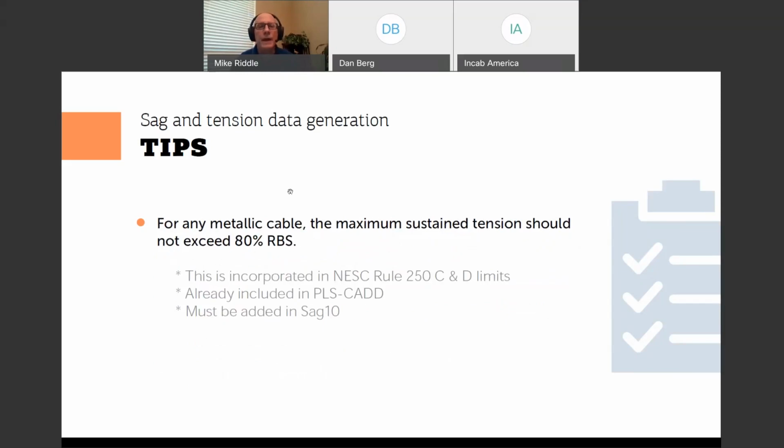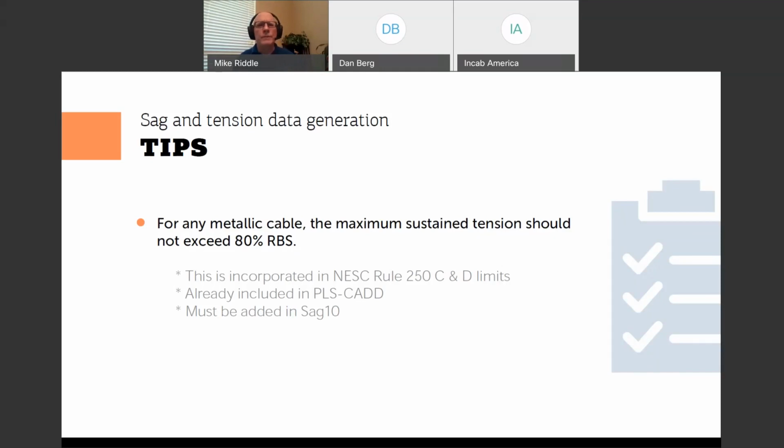Also, for any metallic cable, the maximum sustained tension should never exceed 80% rated breaking strength. Again, doesn't matter, 150-mile-an-hour wind, 5 inches of ice, whatever you're looking at, a sustained tension, how long is that? You could argue about that, but over any significant amount of time, you don't want the cable above that.